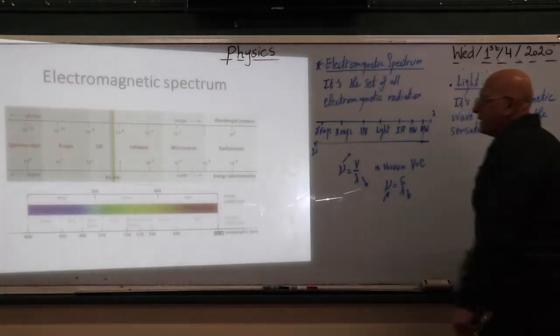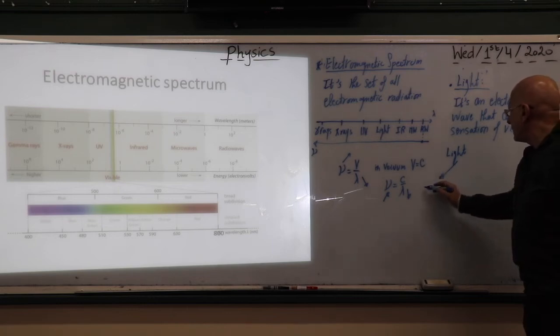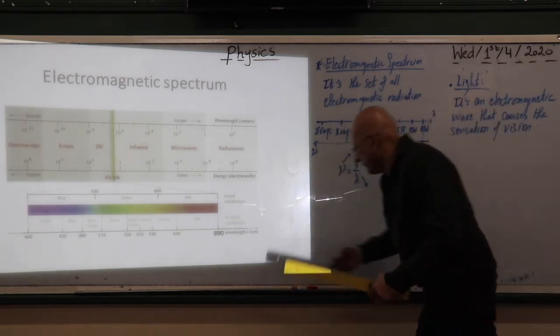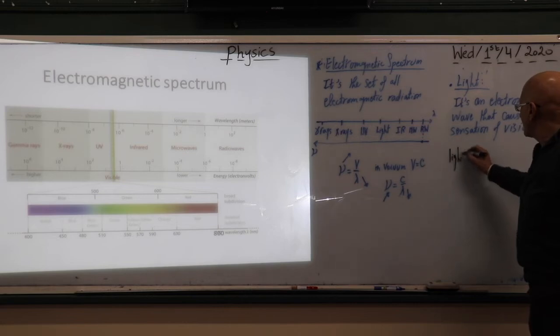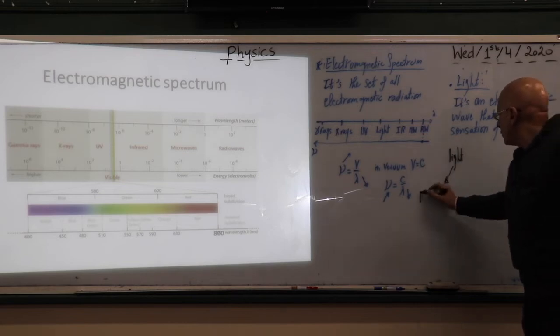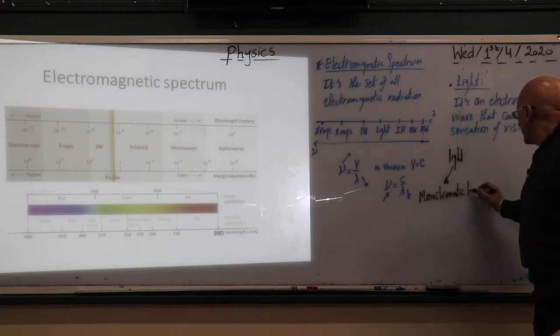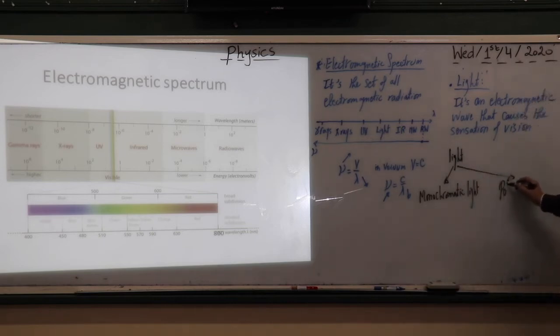You have 2 types of light: monochromatic light and polychromatic light. What is the difference?